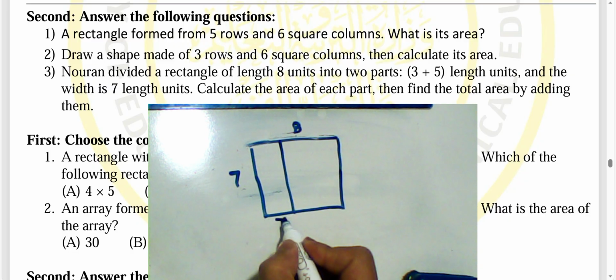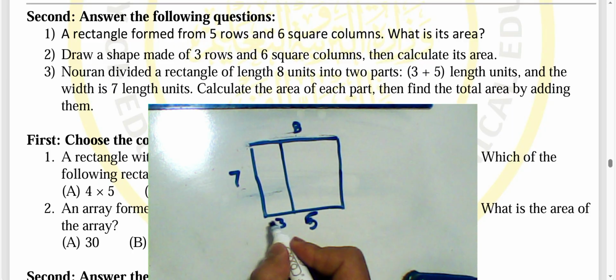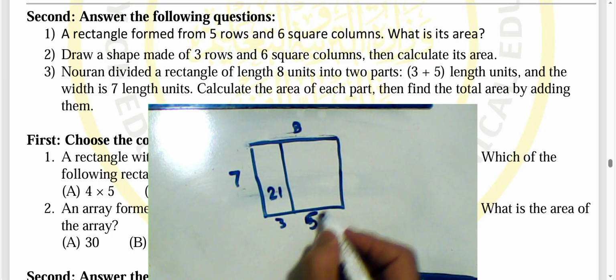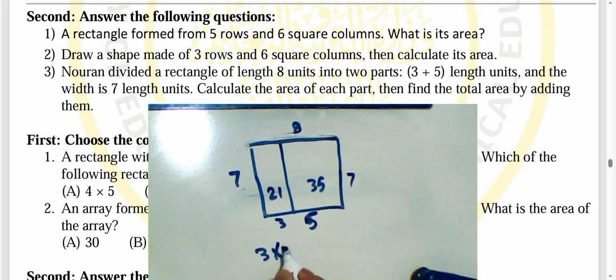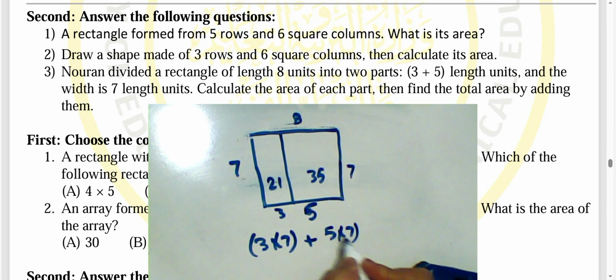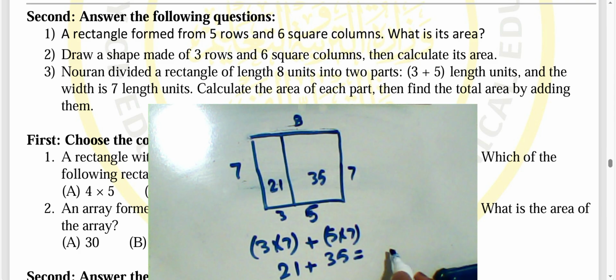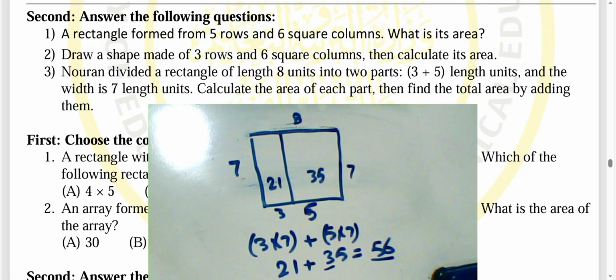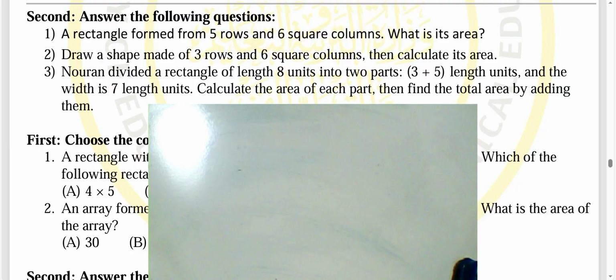This is 3 parts, and here 5 parts. Then the area 3 times 7 is 21 and 5 times 7 equals 35. Then we can write 3 times 7 plus 5 times 7. 3 times 7 is 21 and 5 times 7 is 35. Then the answer here will be 56 square units. Okay.